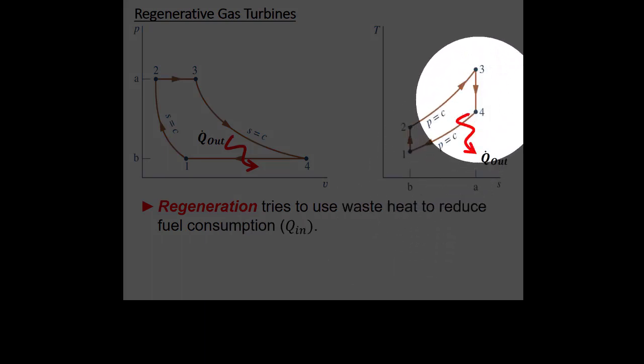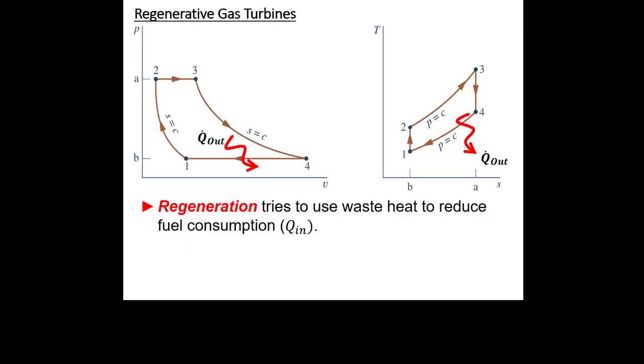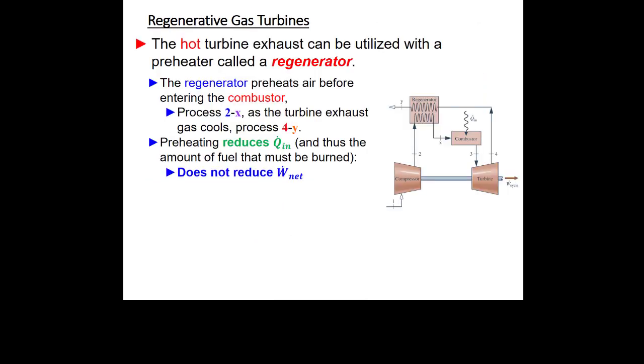We have this exhaust air that's at a hotter temperature than the ambient air or the air in the environment, right? So that means we're losing heat, right? We're giving away something that has some energy locked up in it. So maybe there's some way we can try to harvest some of that heat in that air before we exhaust it to the environment, right? And that's what a regenerator does.